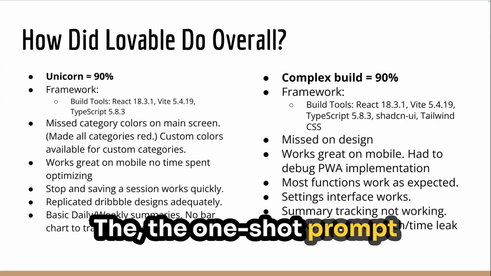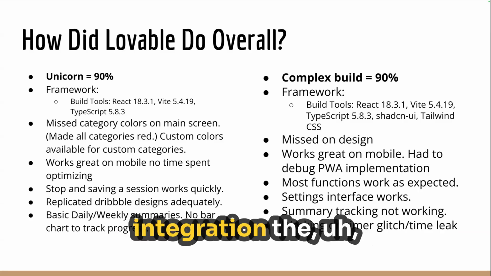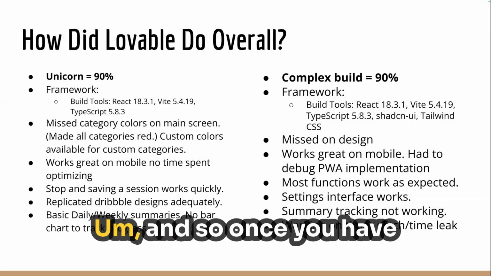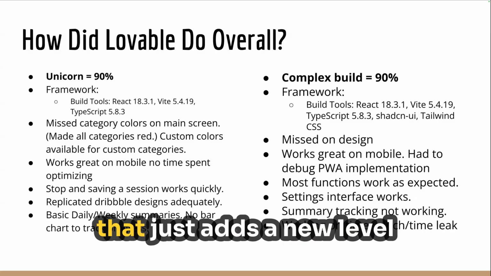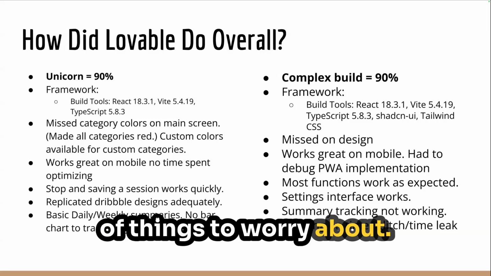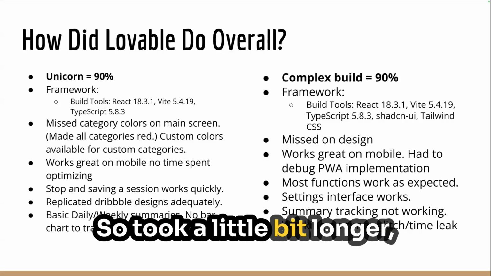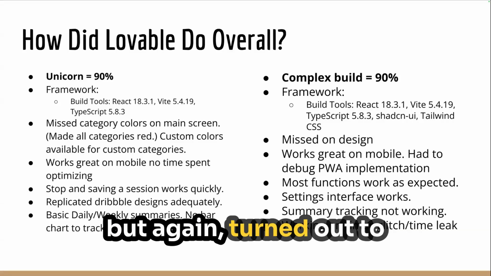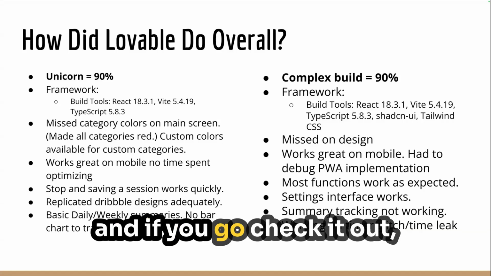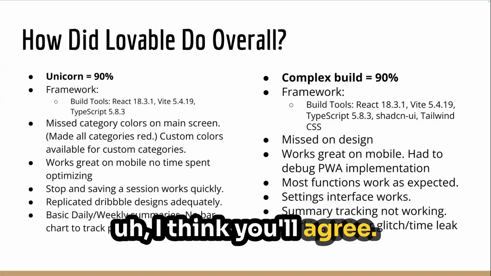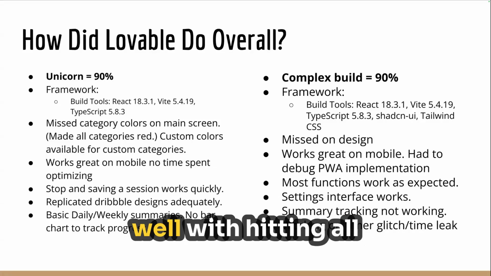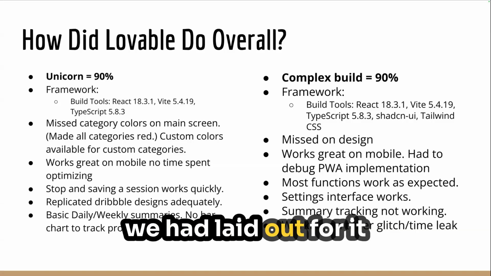The one-shot prompt didn't have database integration. The complex build did. And once you have database integration, that just adds a new level of things to worry about, integrating APIs and things like that. So it took a little bit longer, but again, it turned out to be a pretty functional app. And if you go check it out, I think you'll agree it did pretty well with hitting all the requirements we had laid out for it.